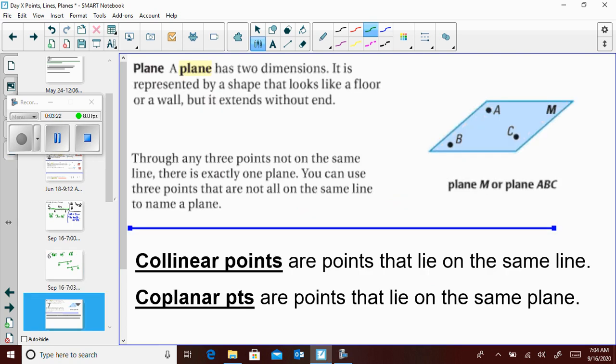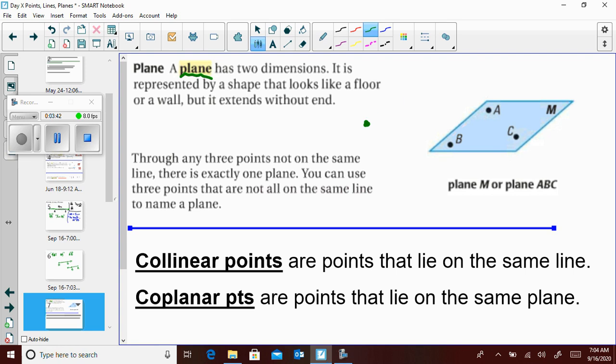A plane. Two-dimensional, just flat. Think of it as it's the floor going on forever and ever. In order to name it, you need to use 3 non-collinear points. Collinear, on the same line. They have to be 3 points not on the same line.